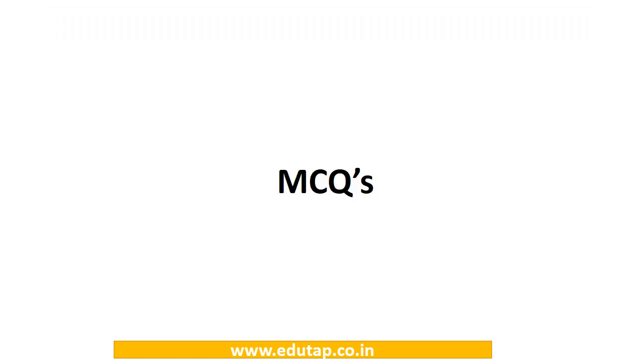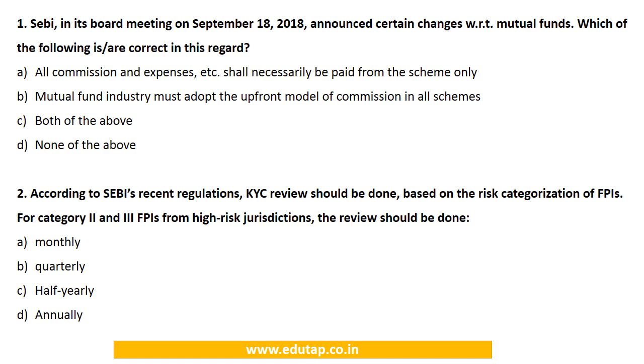Now let's discuss some of the MCQs on the topic we have just covered. The first question is: SEBI in its board meeting on September 18, 2018 announced certain changes with regard to mutual funds. Which of the following is correct in this regard? One, all commission and expenses shall necessarily be paid from the scheme only.